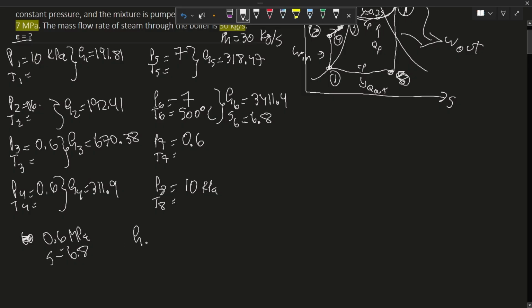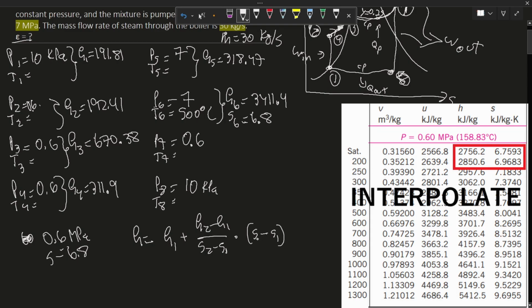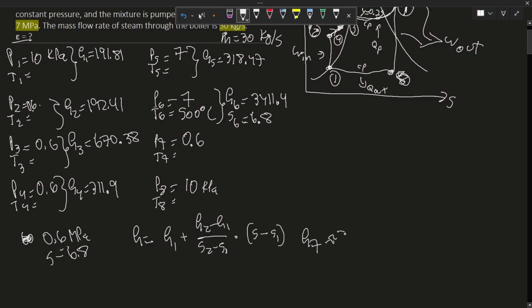So reading the table, this is the equation. H is equal to H1 plus the slope times the S that we have, minus S1. Reading your tables and plugging in all the numbers, you're going to get an H7 of about 2774.58. All right.